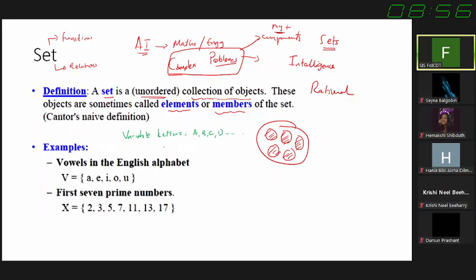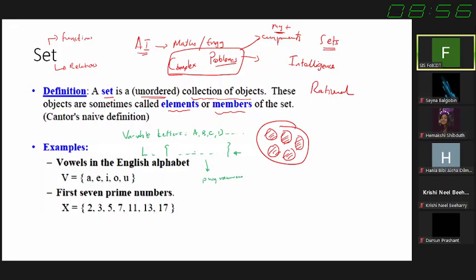What you're doing is simply having a set called L that has letters of the alphabet in there. So simply put, a software engineer can define those sets and later on translate it to the programmers as these are the sets that are needed.